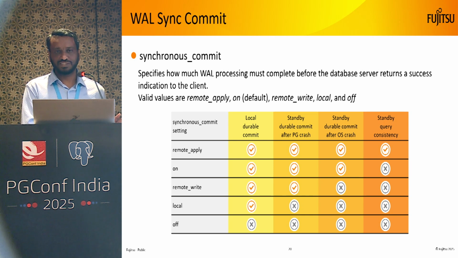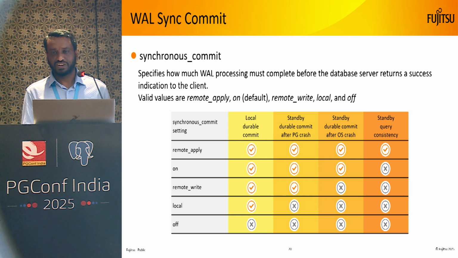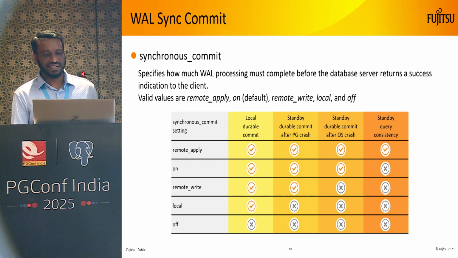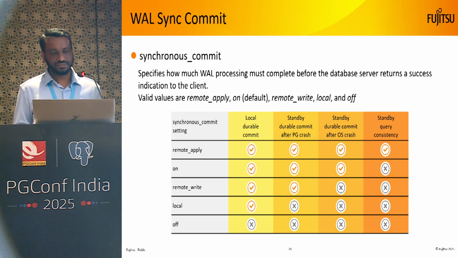Commit will be extremely fast, but if there is a crash, we cannot recover data. Some transaction data will be lost. The next higher level is local. By this, during commit, the WAL buffer's contents will be flushed to WAL files. So if any crash happens, you will be able to recover it.